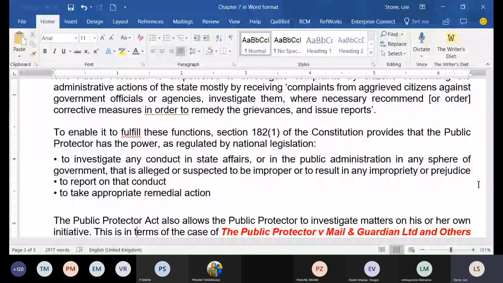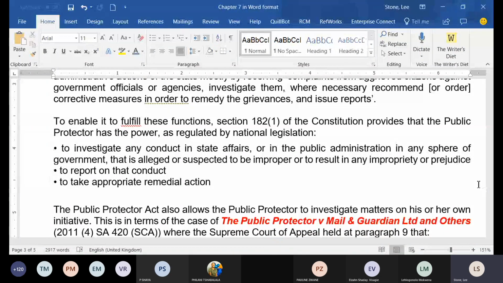Because if no one had approached the public protector to complain about any conduct, no one would know it was happening, and you as the victim would be disempowered. But we know now that we all have the right to approach the public protector to seek justice and to bring back the equilibrium, so not allow certain people to be benefited by corruption.